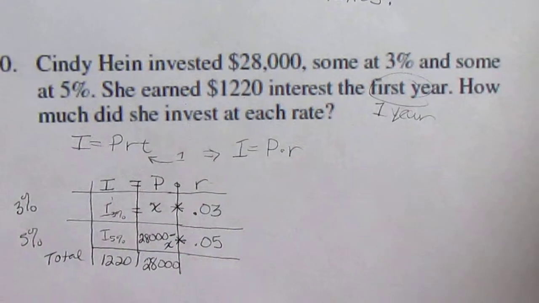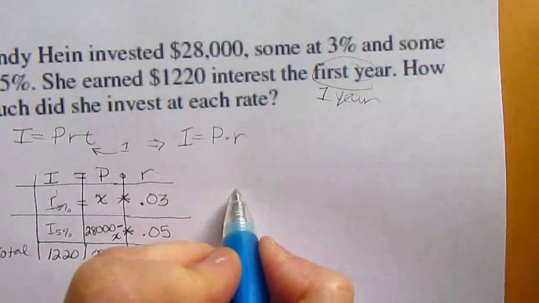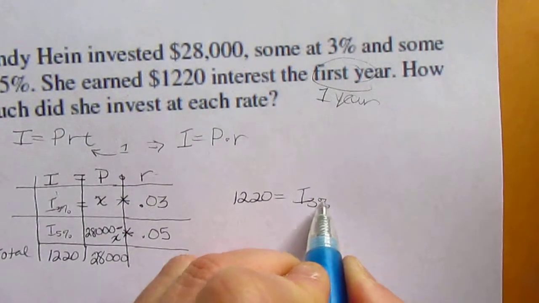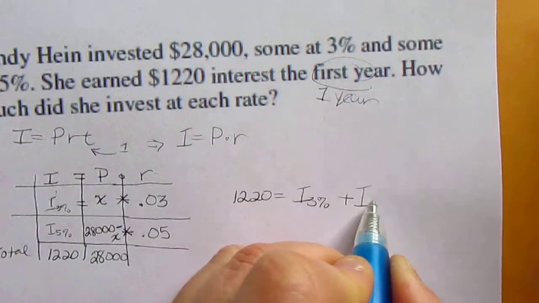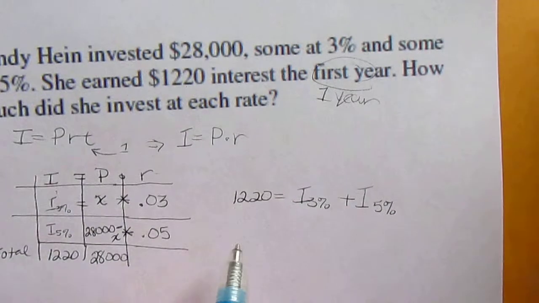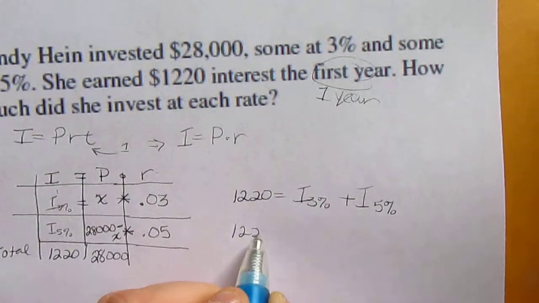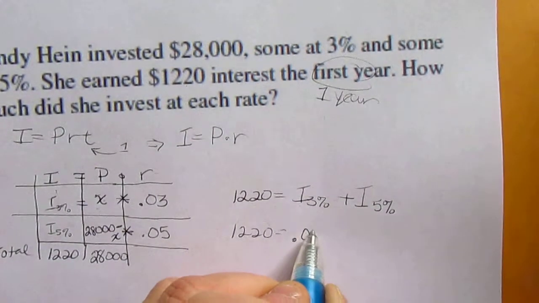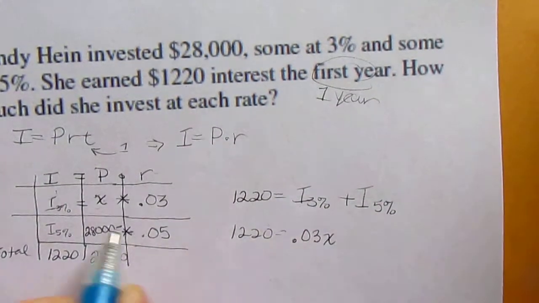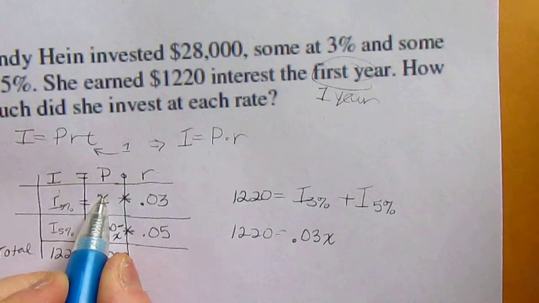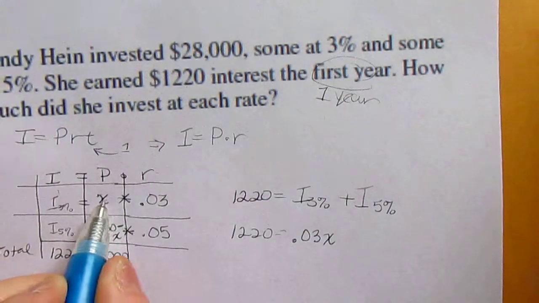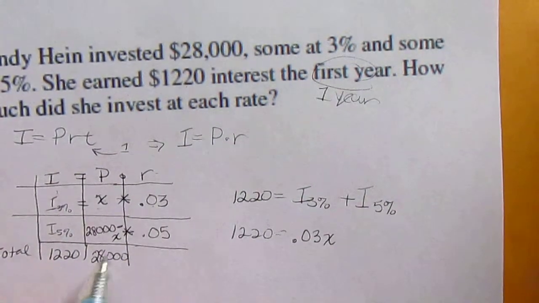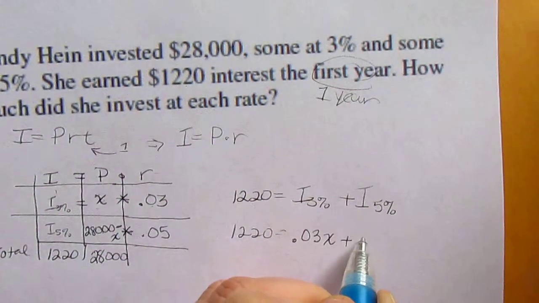So the 1220 is the interest at 3% plus the interest she earned at 5%, not the rates, the amount earned. So 1220, what is the interest that she earned at 3%? Oh, that is just 0.03x. I don't know how much she invested at 3%, but I do know the total is $28,000.